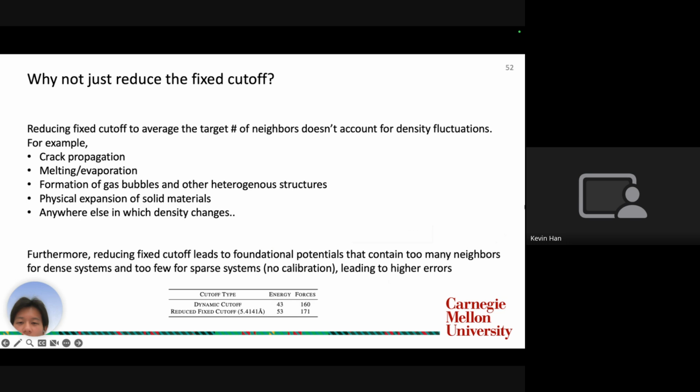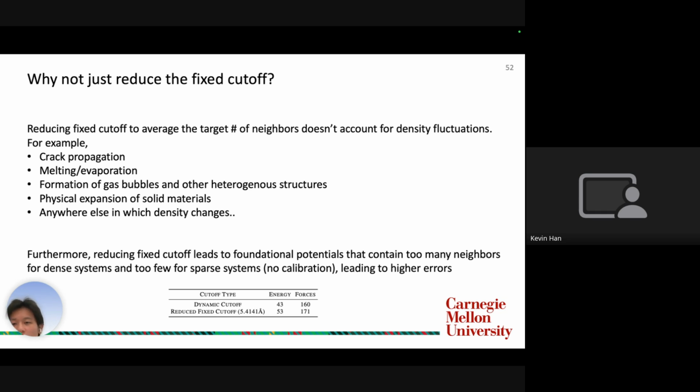And also what we find is, it also affects training. If you were to reduce the fixed cutoff to your target average number of neighbors, and then do training, at least for a foundational potential, you may have situations in which that reduced fixed cutoff still has too many neighbors for dense systems and then too few neighbors for sparse systems that you're training on.